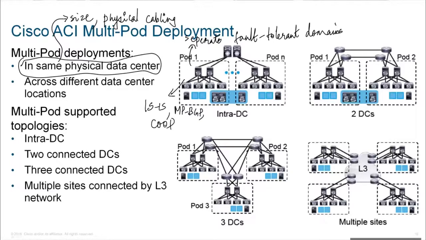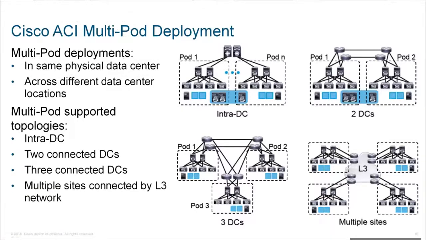So you may have limitations of being able to connect the leaf to every spine, because if you think about it, within a pod, you need the leaves to connect to every spine. What if your leaves are in a different building and you cannot accommodate that physical connectivity? Don't want to spend so much, you can have them in different buildings, could be different pods. That would be different physical locations.